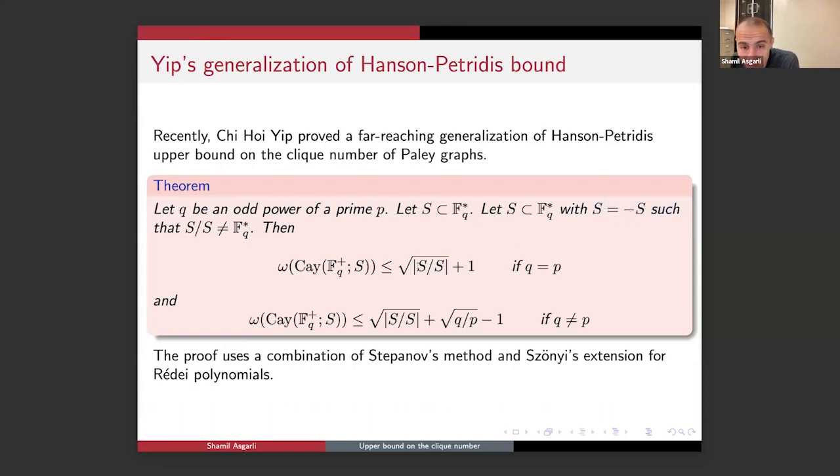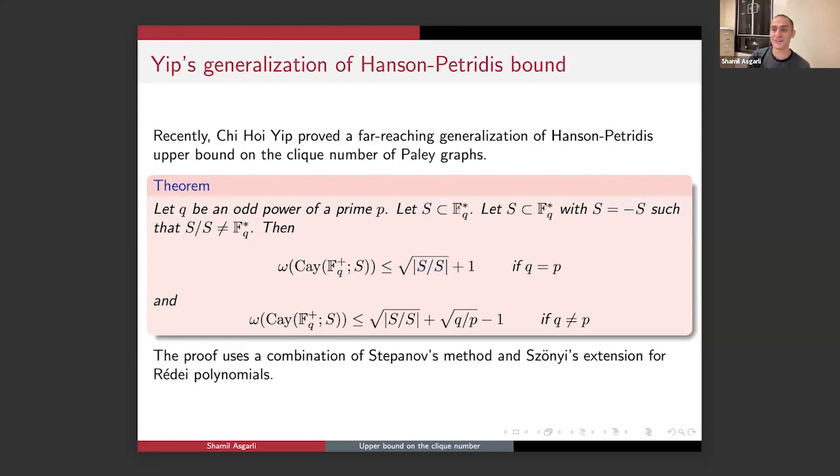Look at S divided by S. If you can make the set small, then that's really good. That means the clique number is tiny. This is really an additive combinatorics question: if I give an arbitrary S, what can I say about the size of S divided by S?